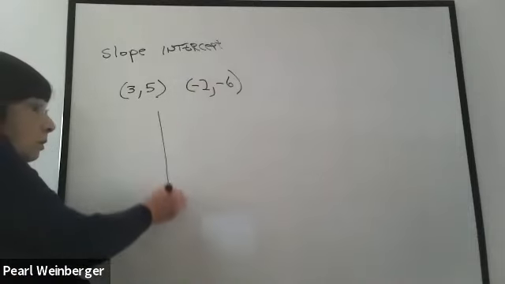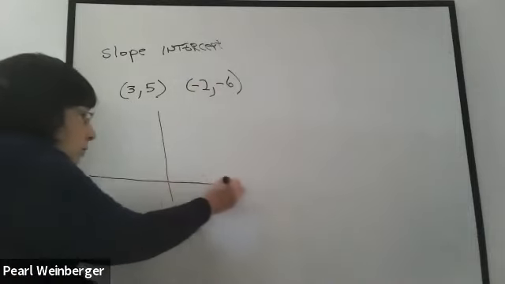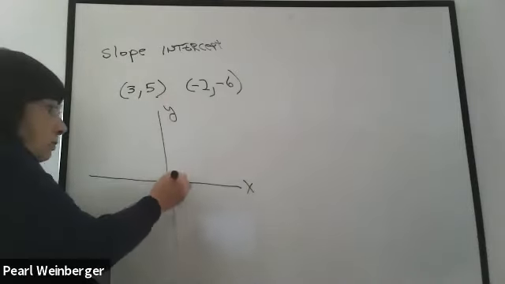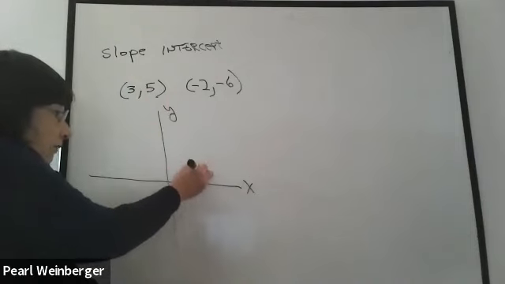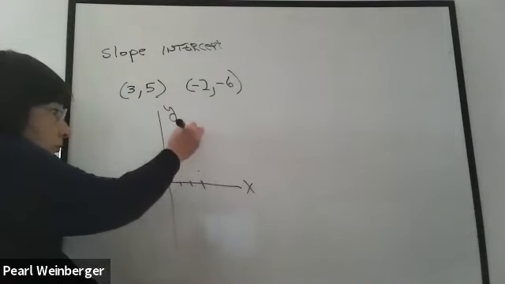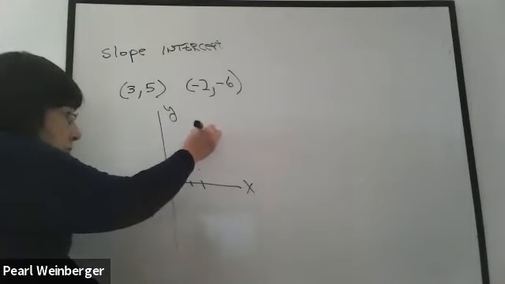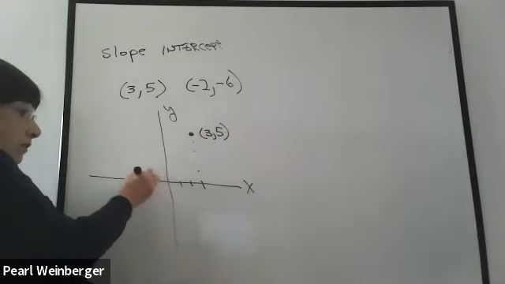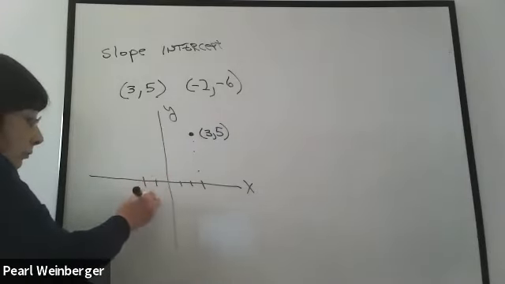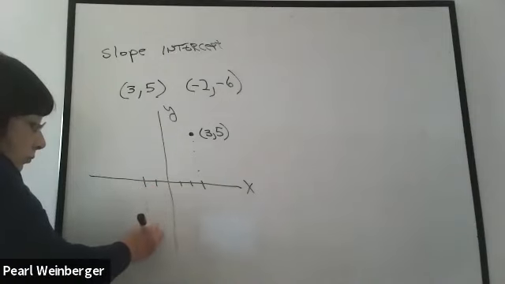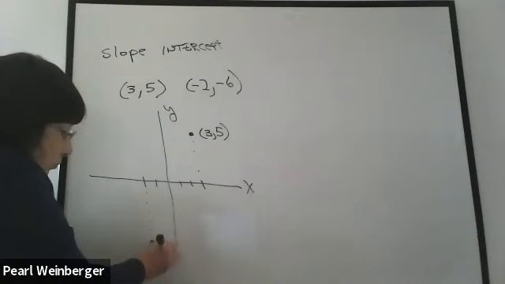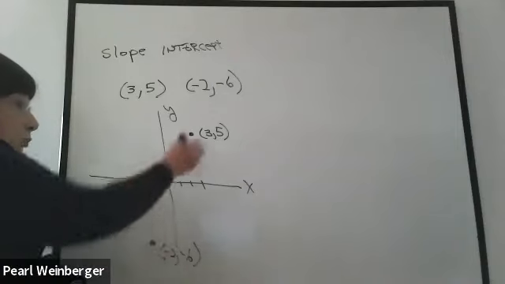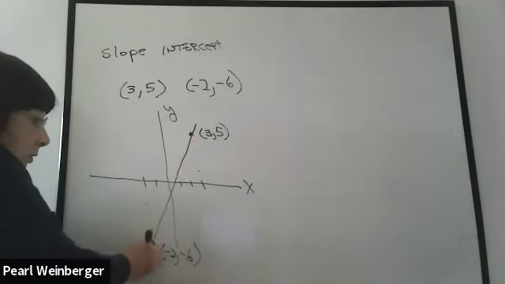Let's draw the line. That means my first point is 3 to the right, 5 up. And my second point is 2 to the left and 6 down. And since they're 2 points, I can connect them. And here's my line.